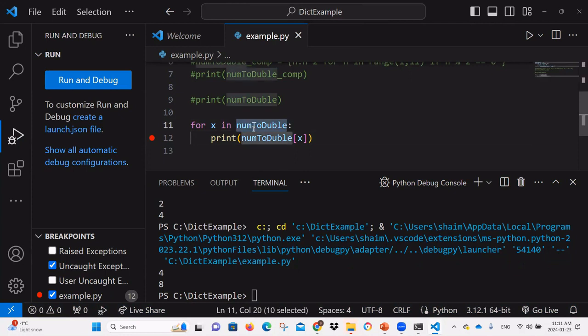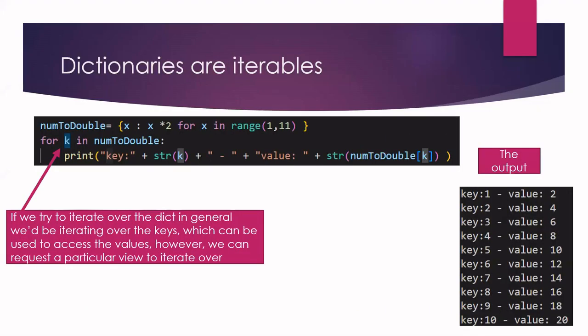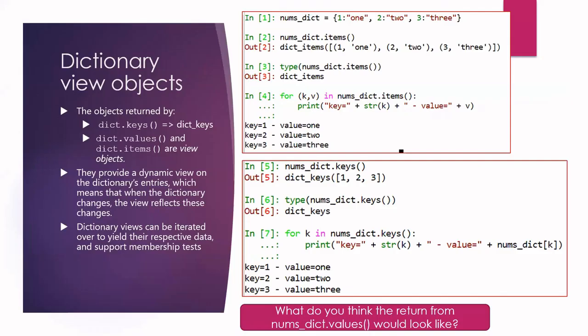Okay. But we can also iterate over the entire key value pair, or we can iterate over what's called the values. Now see, this is the short form of typing something like this, dot keys. Okay. So that's what we call the view, the dictionary view objects.